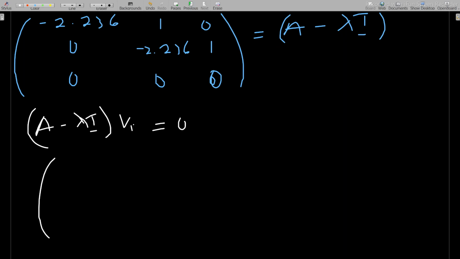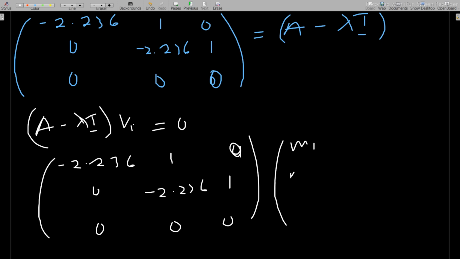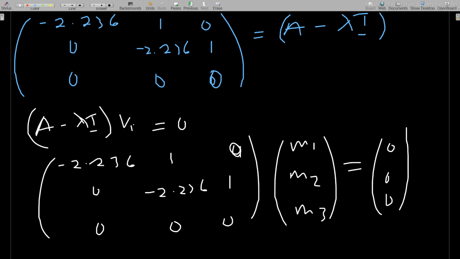So you have negative 2.236, 1, 0, then 0, negative 2.236, 1, and 0 0 0, times m1 m2 m3, which should give us the 0 vector, which is 0 0 0.